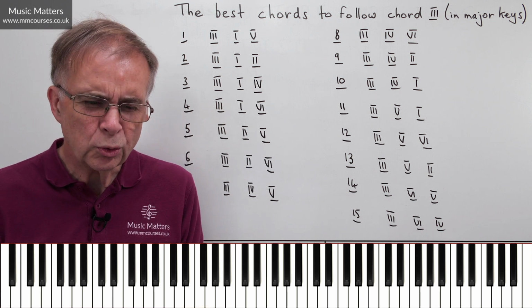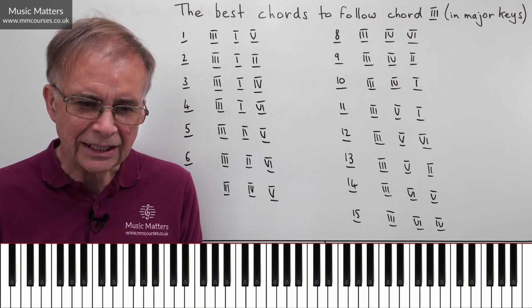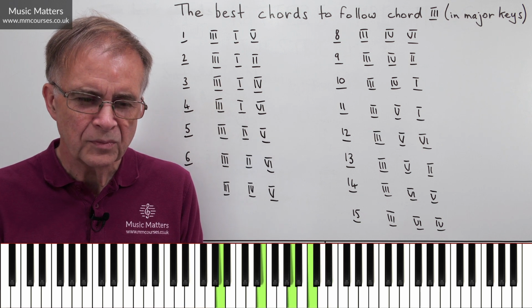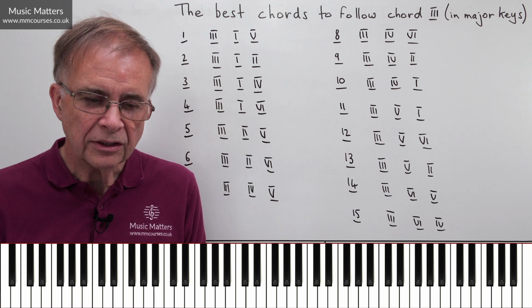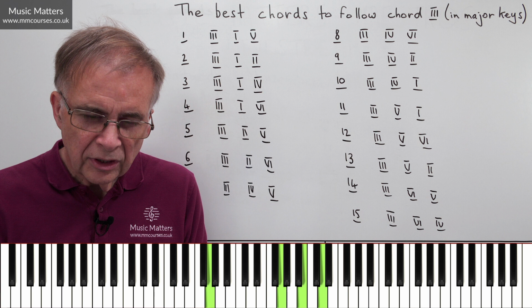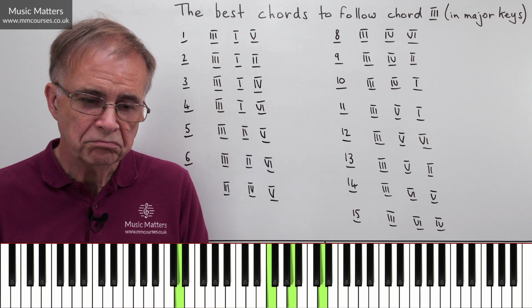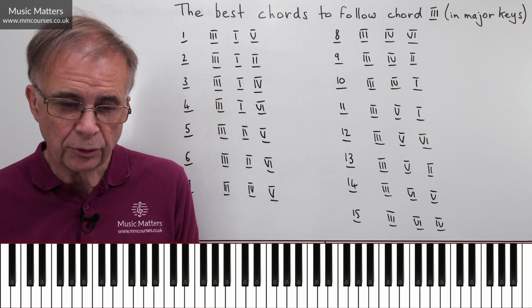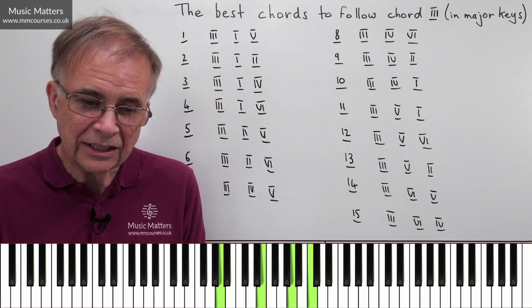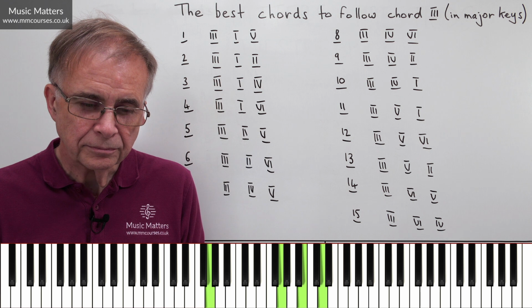Okay, option 12 is 3 to 5 to 6. So 3, 5, 6. Option 13, 3 to 5 to 2. So 3, 5, 2. That goes quite nicely. Option 14, 3 to 6 to 5. 3, 6, 5.